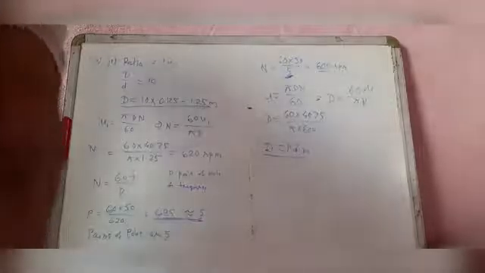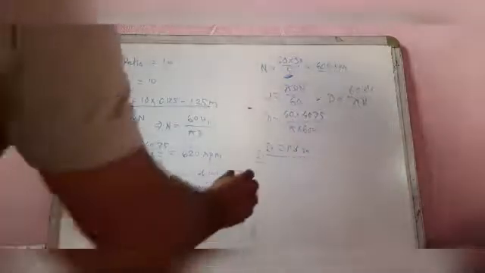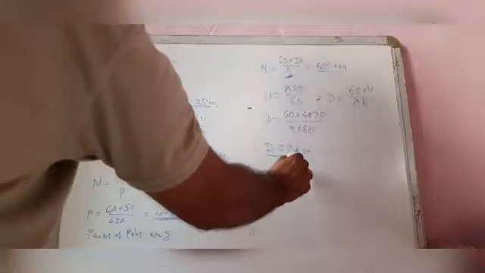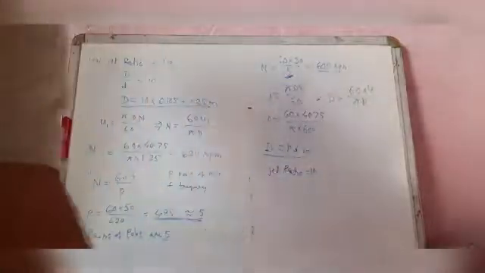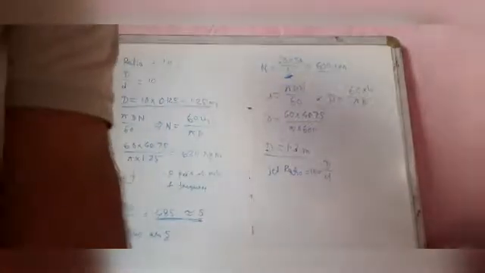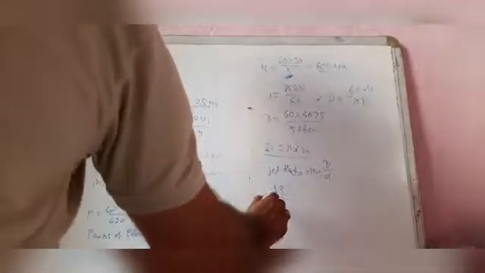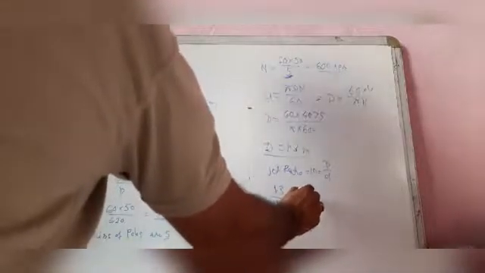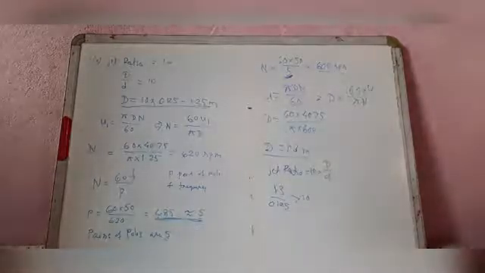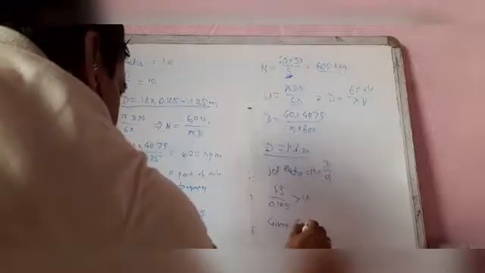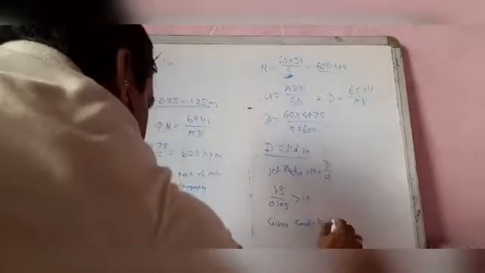Now jet ratio becomes, as we know, the jet ratio is given 10, that is capital D by small d, and 1.3 divided by 0.125 is greater than 10. So the given condition is satisfied.